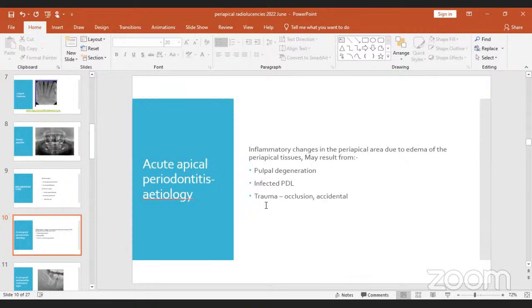You can also get apical periodontitis from trauma, especially trauma from occlusion. For example, if you do a filling and you have a high spot and the patient exerts excessive pressure on a particular tooth, the periodontium is going to react, and what you find later will be apical periodontitis. It can also be due to accidents leading to fractures.